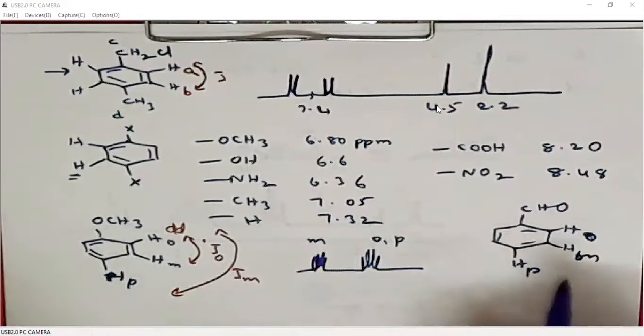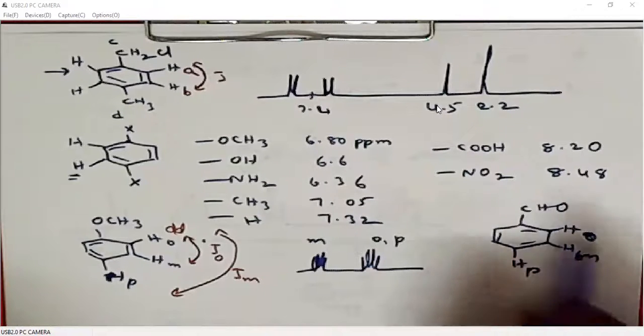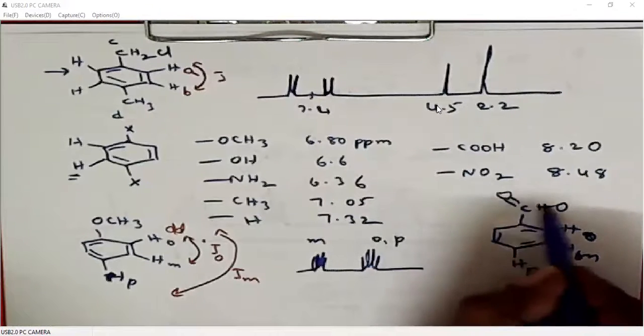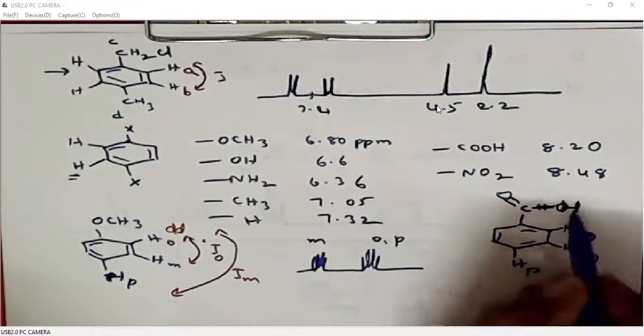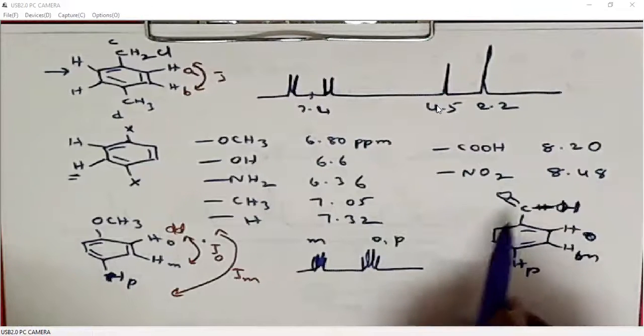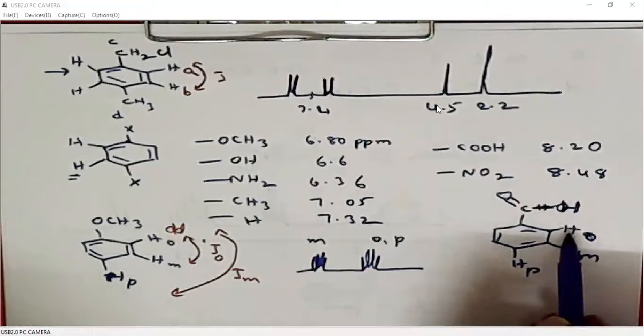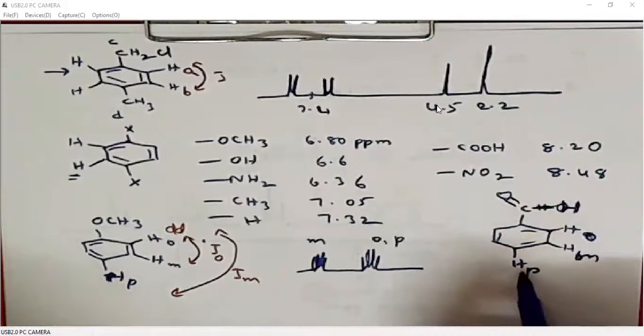Here one more factor is there, that is the de-shielding region. Because C double bond O generates anisotropy, the ortho protons are in the de-shielded region, so they will appear at a large delta value compared to para.